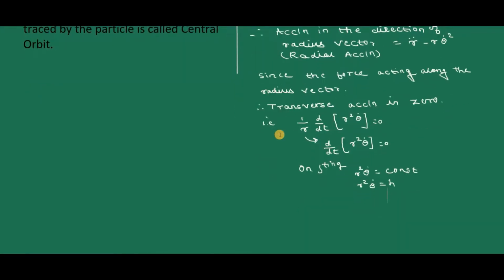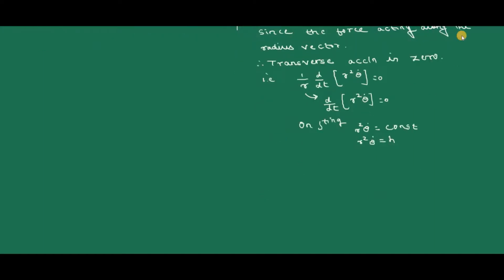Therefore the required equations are r double dot minus r theta dot square is equal to minus F, and second one, r square theta dot is equal to h.